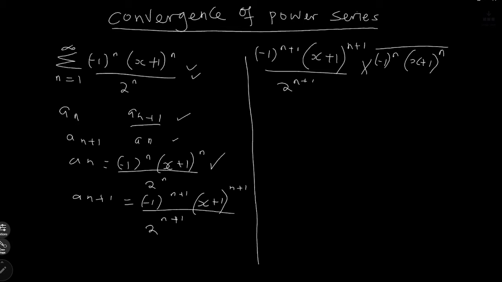So we multiply by the reciprocal, which is 2 raised to n over negative 1 raised to n times x plus 1 raised to n. This is our ratio test.